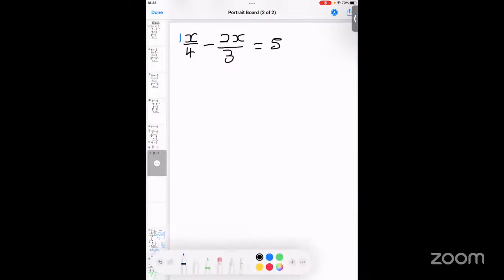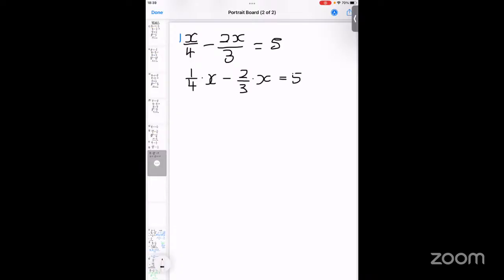So that means this thing is the same as 1 over 4 times x. Yes, sir. Minus this one again is the same as 2 over 3 times x, which is equals to 5. So that means this 1 over 4 and that 2 over 3 is the coefficient of x.